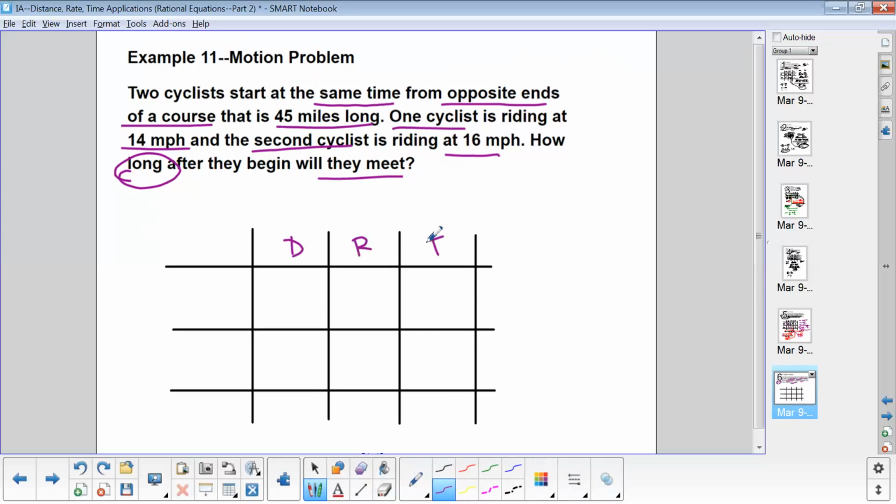Distance, rate, time. So the first cyclist, second cyclist, and we know a total of this course is going to be 45 miles.